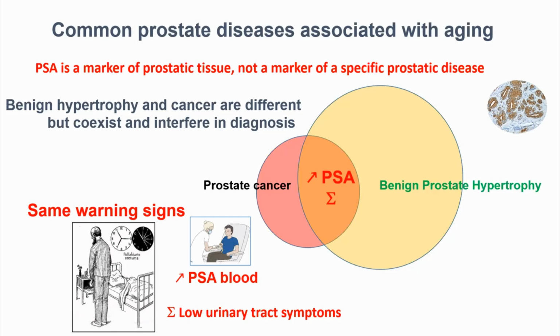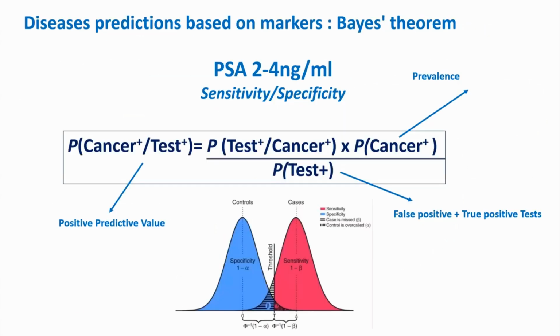Like other markers used in the clinic, it is defined by Bayes theory, usually for screening or early diagnosis. We use a cutoff, and the accuracy of this marker is defined by sensitivity and specificity. And this is used to define the positive predictive value.